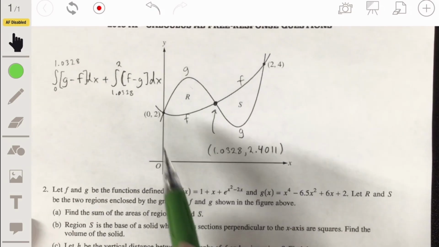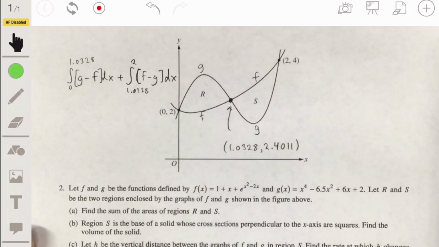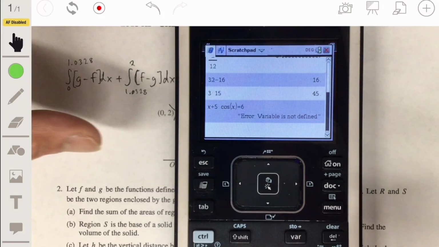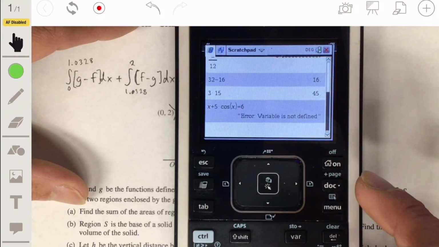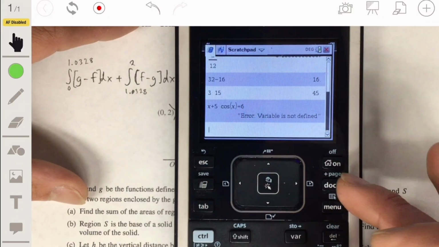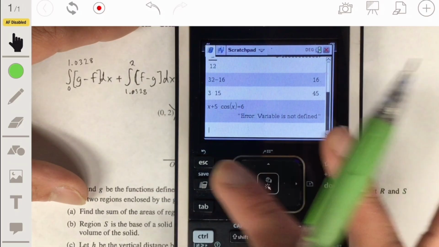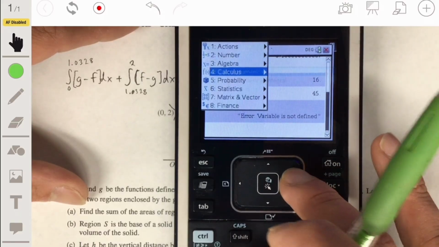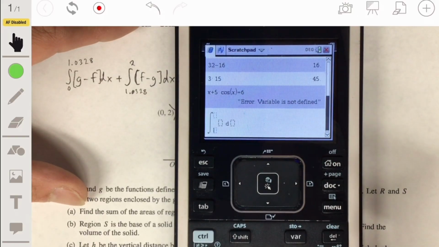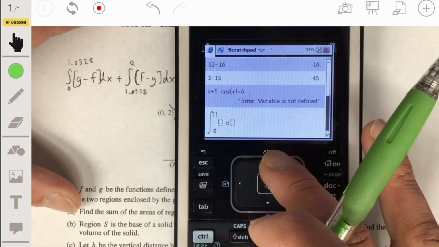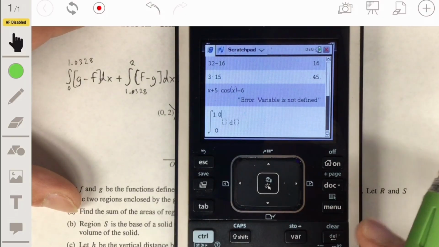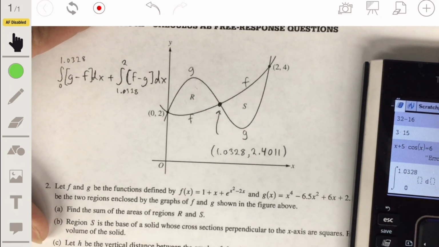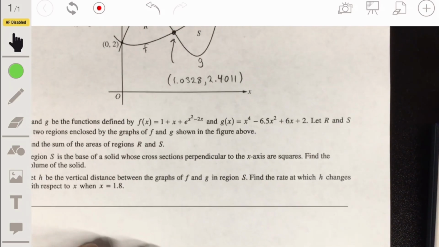Now use your calculator to figure out this. So we can just go into our calculation screen. I just want to make sure we type this correctly.